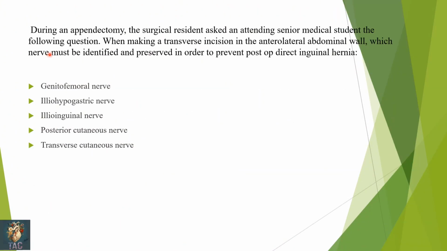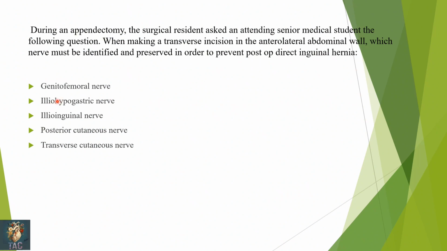Next is, during an appendectomy, the surgical resident asks an attending senior medical student the following question. When making a transverse incision in anterolateral abdominal wall, which nerve must be identified and preserved in order to prevent post-op direct inguinal hernia?